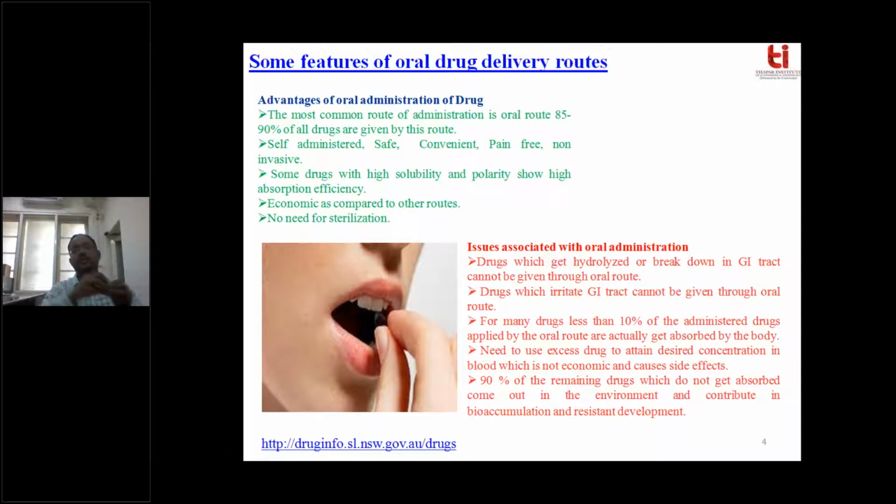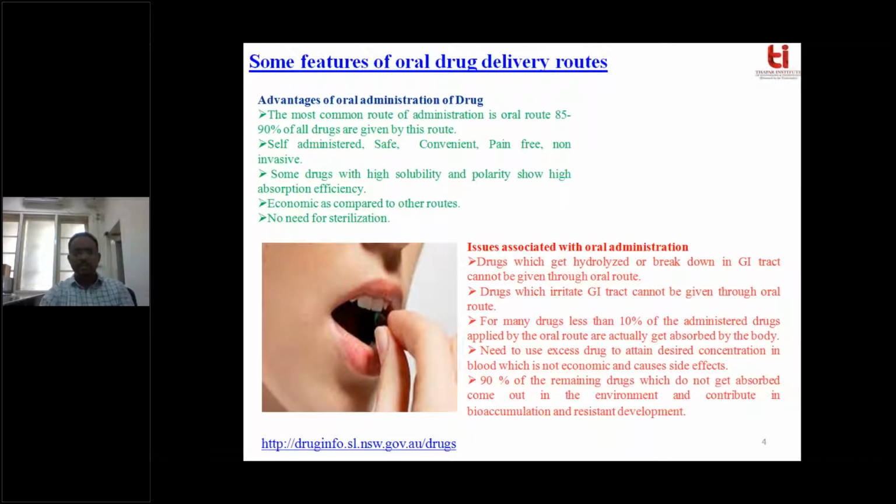Not only that, the drug can go into the water circulation and the soil circulation. So you can see a biomagnification effect on the environment because of these drugs coming out through your feces, which were not absorbed in the GI tract. That's one of the biggest problems.